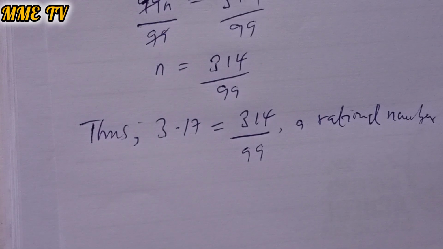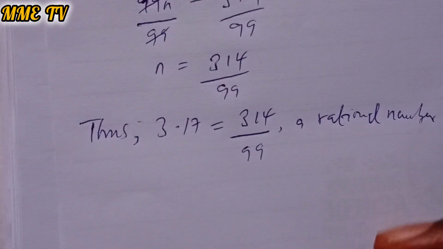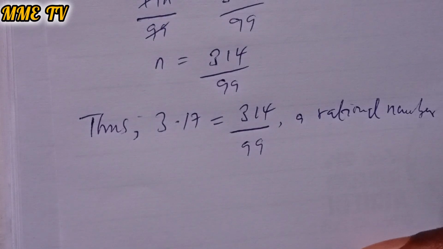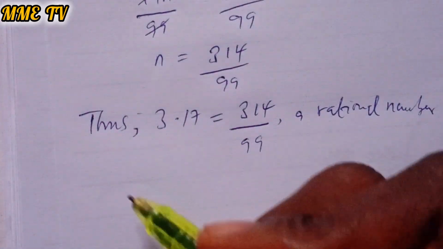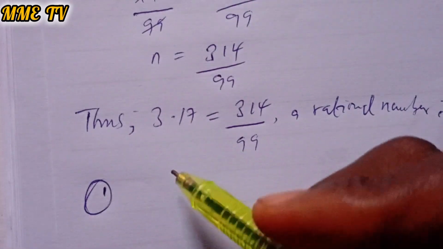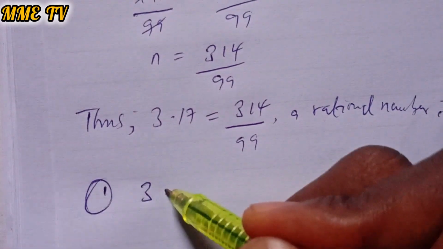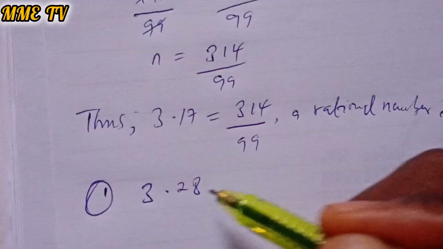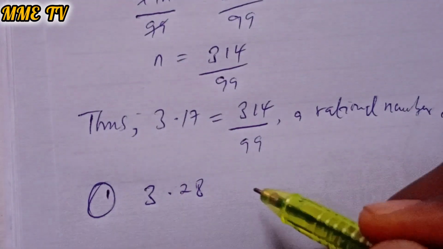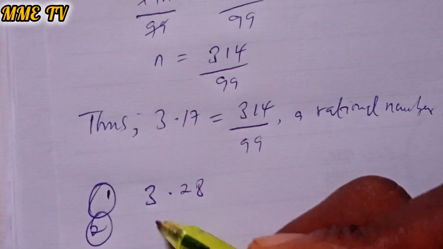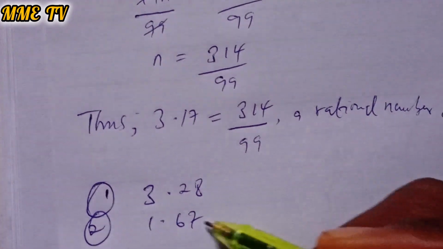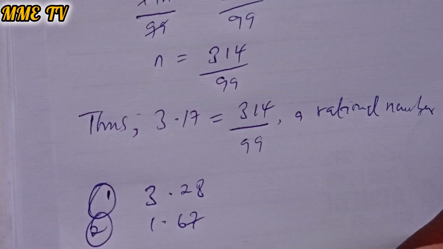Number one, you are given 3.28 and you're being asked to make this a rational number. And number two, you're given 1.67 and you're asked to make this a rational number.